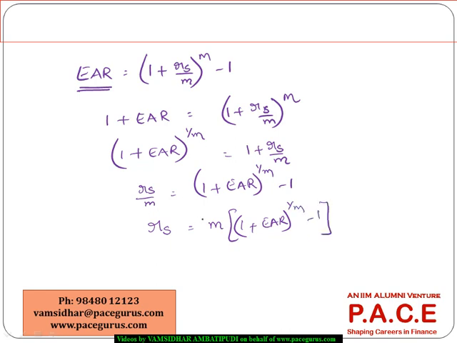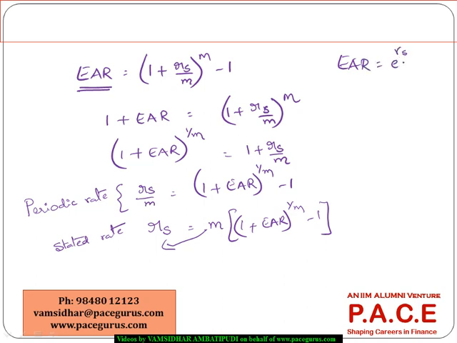If I want the periodic rate, I just need to get the m down. So this is the periodic rate, 1 plus EAR to the power 1 by m minus 1. And this will be the stated rate, wherein I multiply the periodic rate with the number of periods in a year. So this can very well be done even with continuous compounding.